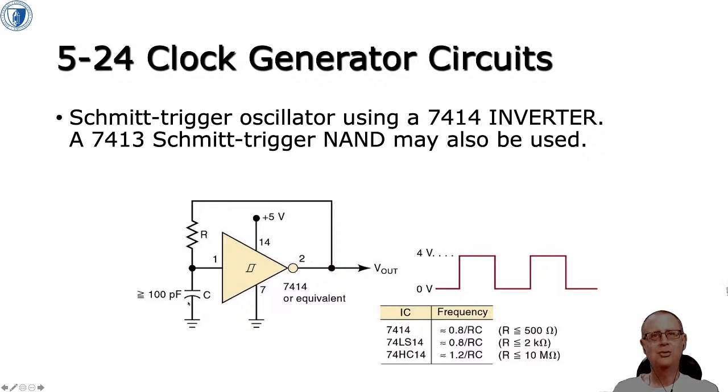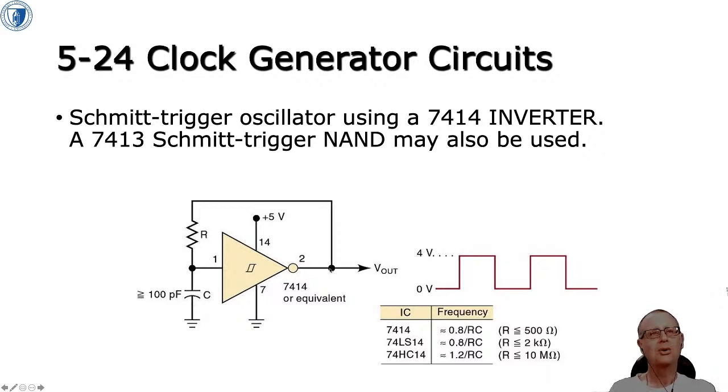So now we're left with a charged capacitor, and we're going to discharge the capacitor through the resistor. Once that capacitor is discharged, again, the capacitor is going to look like an open circuit.